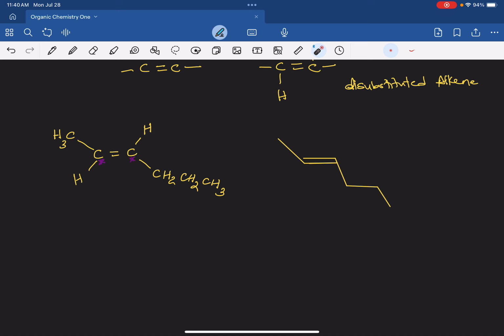So we're going to name it. This alkene and this alkene are the same. This is a partial structural formula, and this is a line angle. So let us name this alkene first and then we'll move over to here.